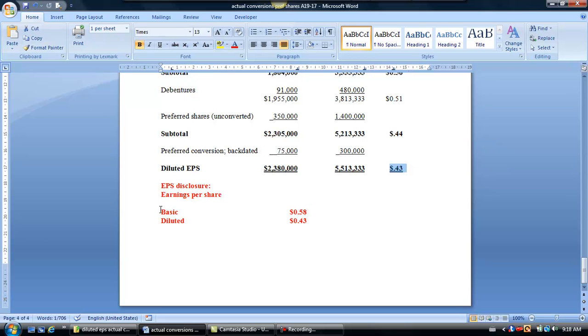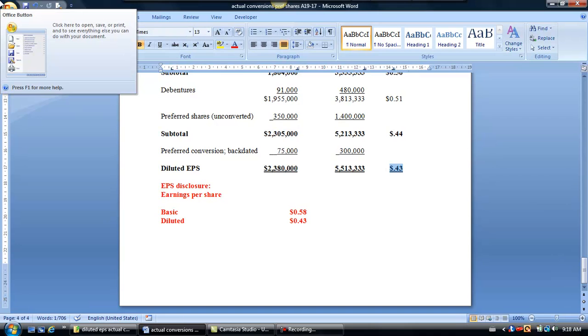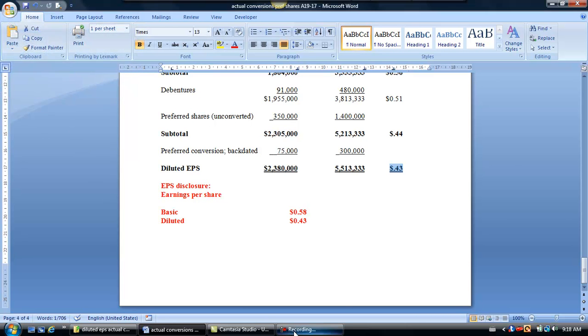So on your statement of comprehensive income, what would you show? You'd show basic EPS of 58 cents a share and diluted EPS of what we got here, which is 43 cents a share. So this now concludes our video on calculating a diluted EPS based on actual conversions of preferred shares during the period.